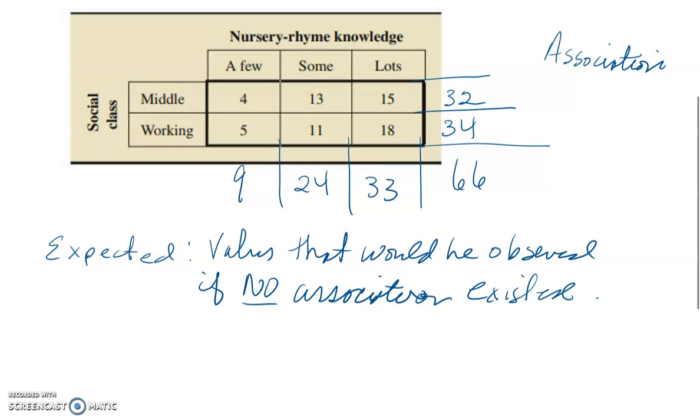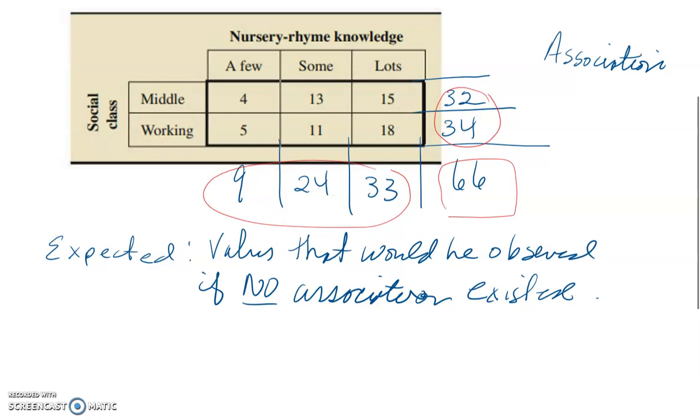The values that would be observed if no association, and we can find those expected values using these marginal totals and the total for our sample.